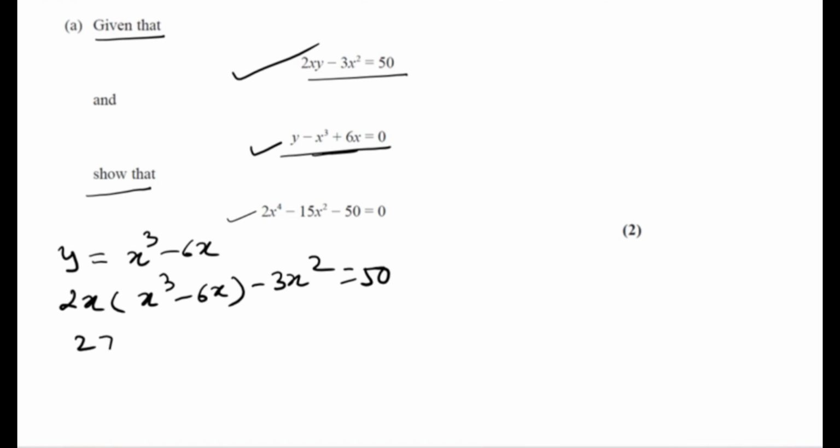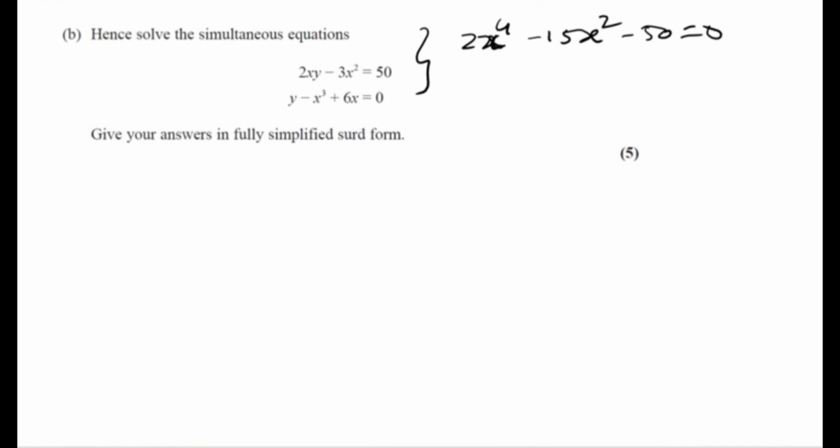Expand the bracket, 2x to the power 4 minus 12x squared minus 3x squared is equal to 50. Simplify, these two are like terms. So 2x to the power 4 minus 15x squared, and I am moving minus 50 to this side, is equal to 0. So as you can see, we got our required form. So this is the first part of this question.